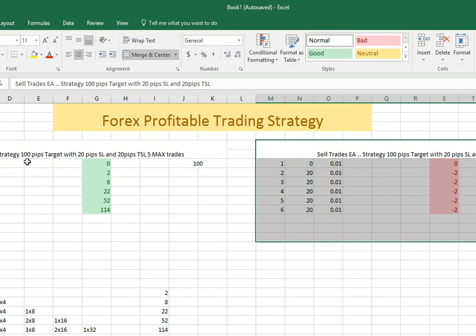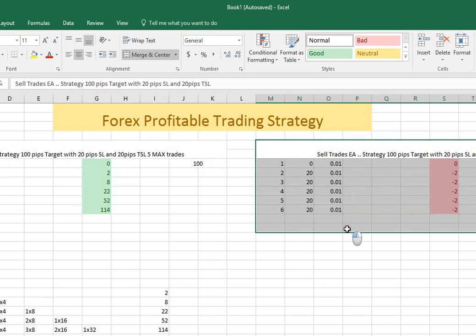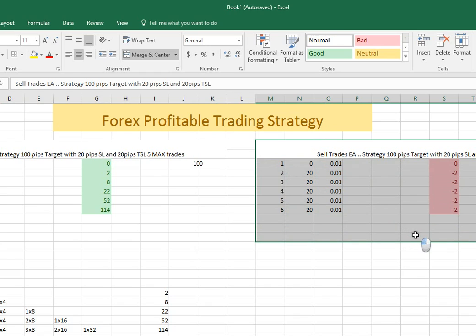So if one side is losing, like every 20 pips it is losing, the other side will be gaining. In our case, this side was gaining and this side was losing, but the losses are very low compared to the profits.